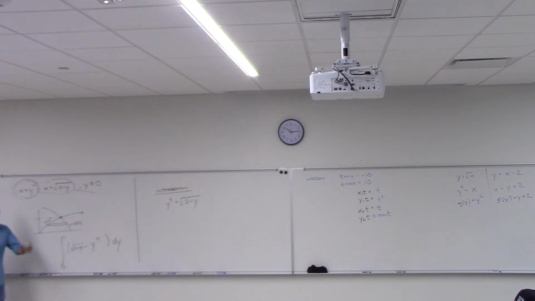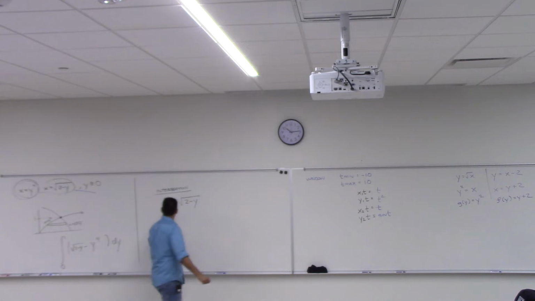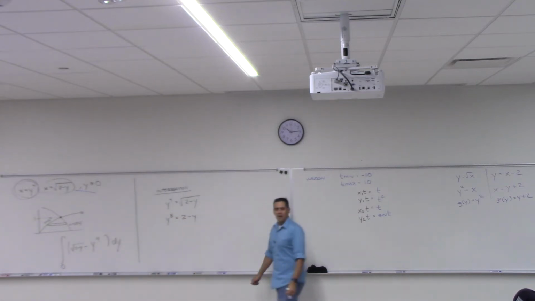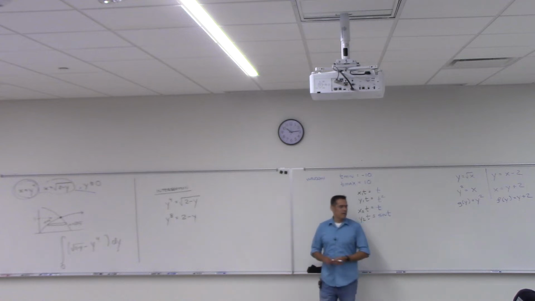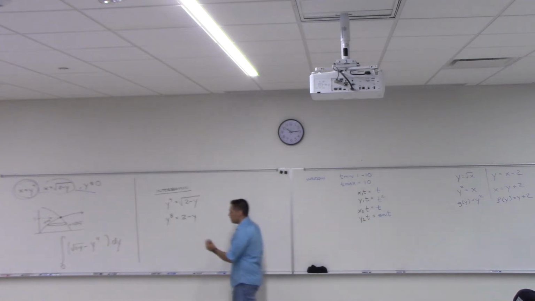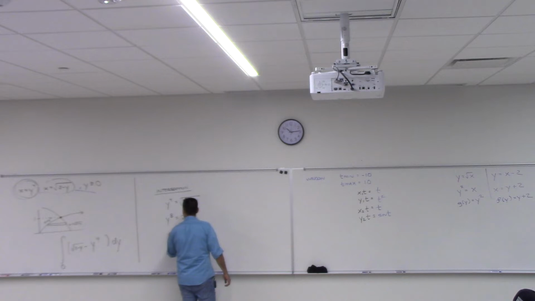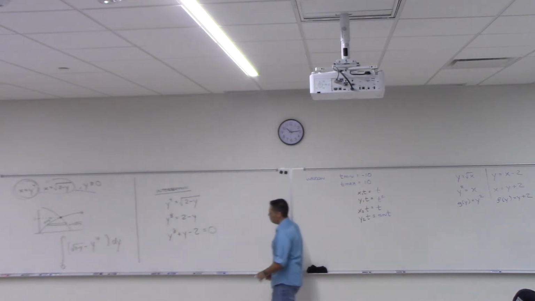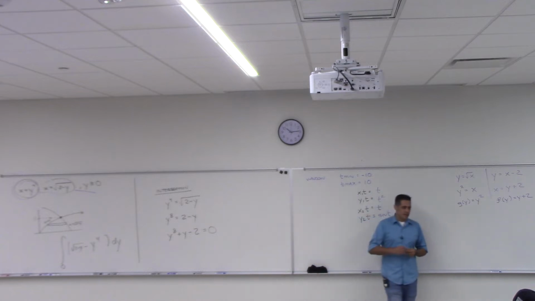Now, the other way is to actually square both sides. But if you square both sides, what happens? y to the 8th equals 2 minus y. How are you going to solve that? You're not. That's not a quadratic. We actually don't have a method for solving that.